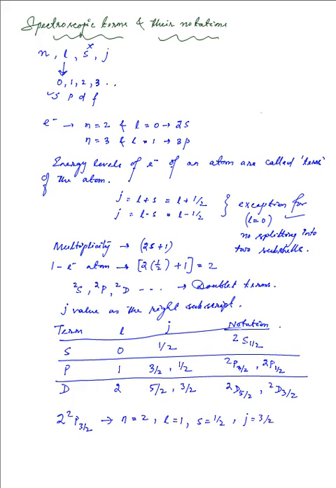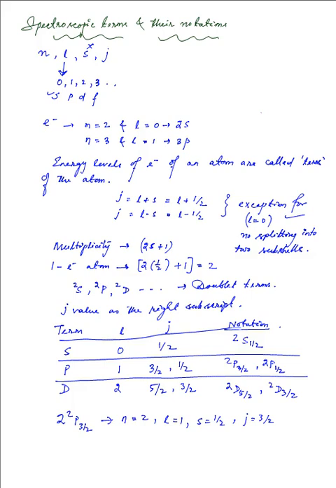S will always have the value half, only the case of m_s being equal to plus or minus half, that is plus or minus S. But in this case J, as we have seen, J is equal to L plus or minus S. So that is why you are having two values of J, and hence the splitting.